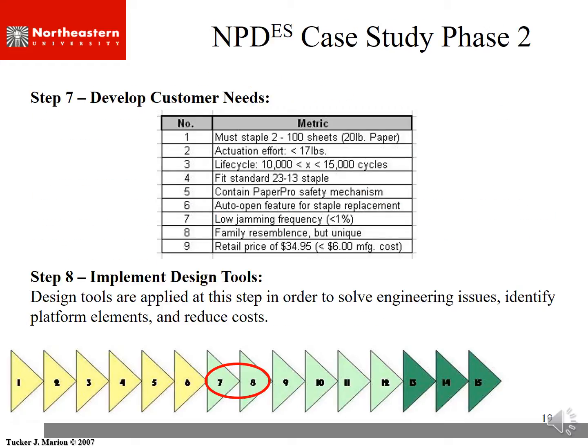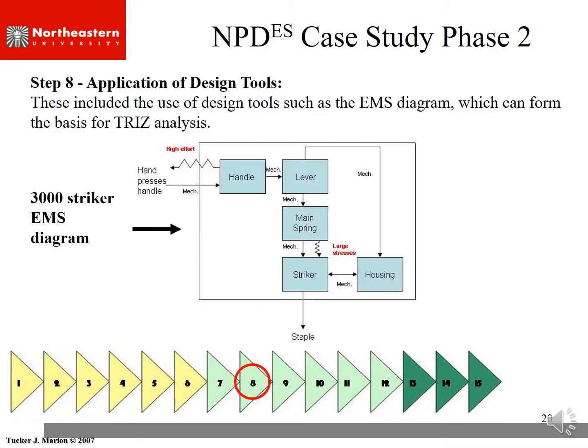Then we start to get into the product development, and this is where we really define both the customer needs and the technical specifications of the product. We have to figure out how we're going to manufacture the product. This was part of a platform. So in this particular company, they leveraged existing designs.